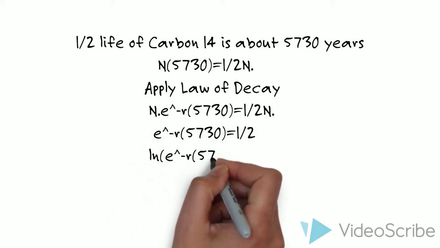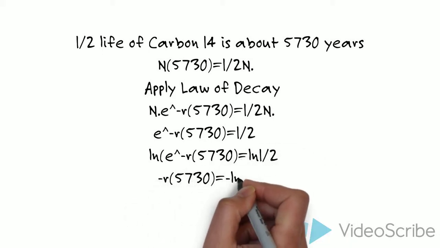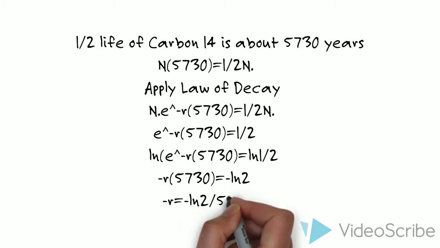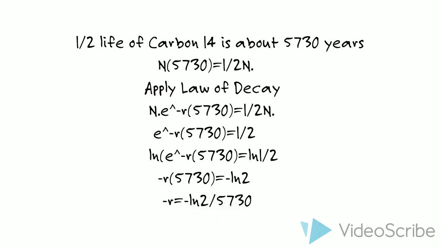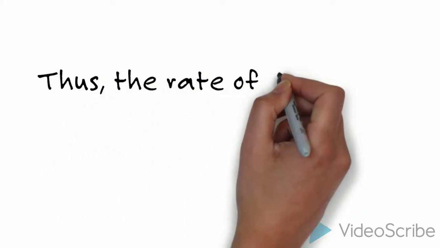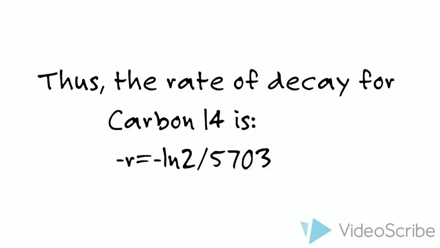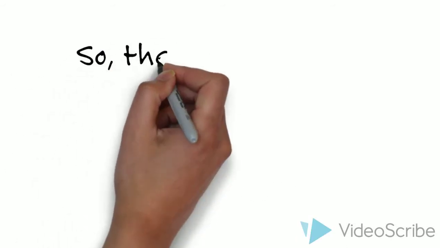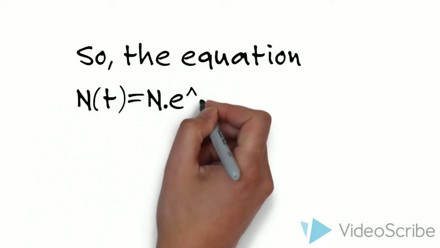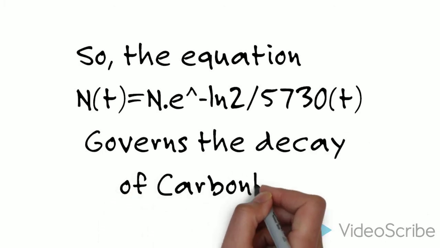So the rate of decay is what we're looking for, our r. So the rate of decay equals the natural log of 2 divided by 5,730. There it is right there. So the equation here, including the rate of decay, governs the decay of carbon-14.